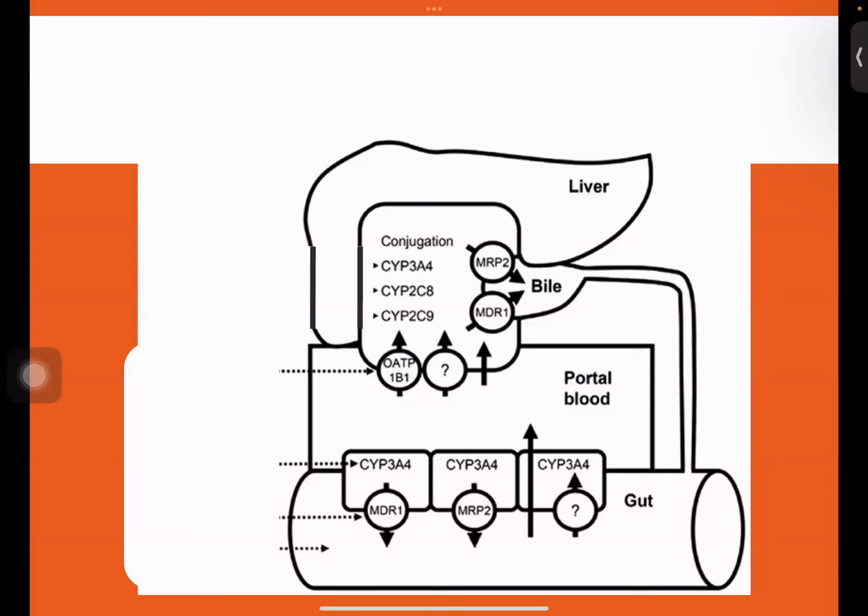If it gets absorbed from the gut into here, we have P-glycoprotein, which is what these circles are, spitting it back in. We also have enzymes waiting to metabolize the drug. So it's got to make it by these efflux pumps and make it by the enzymes in order to make it through into the portal system.